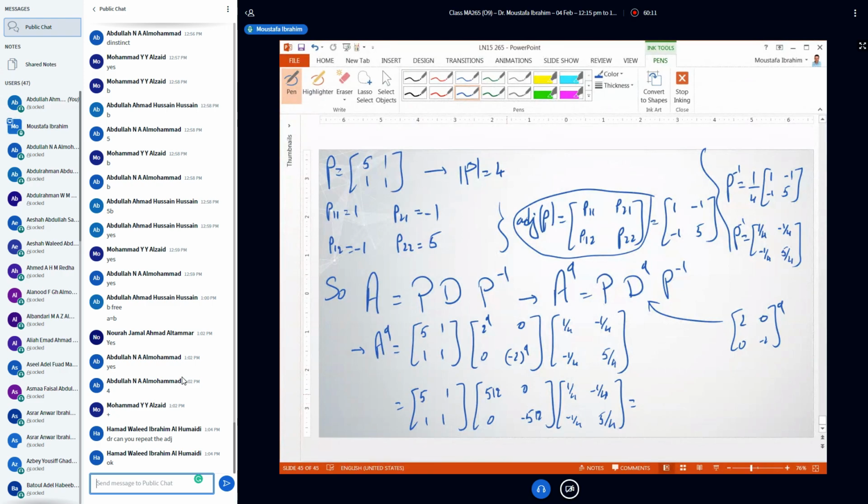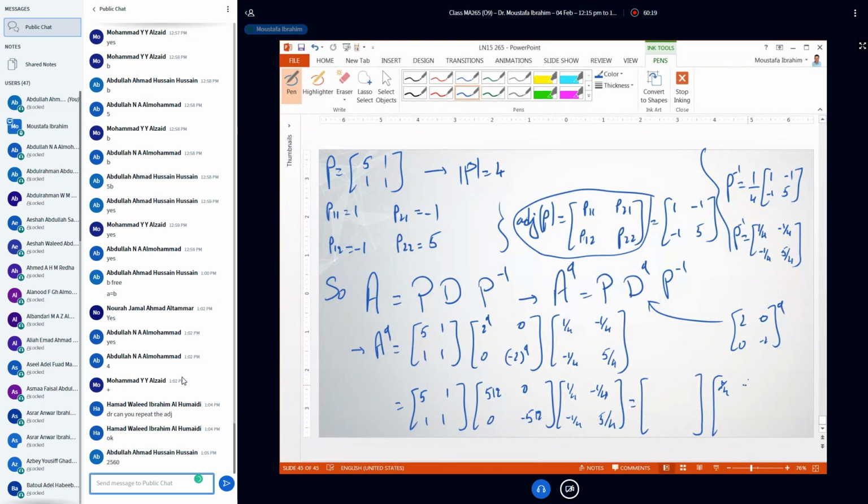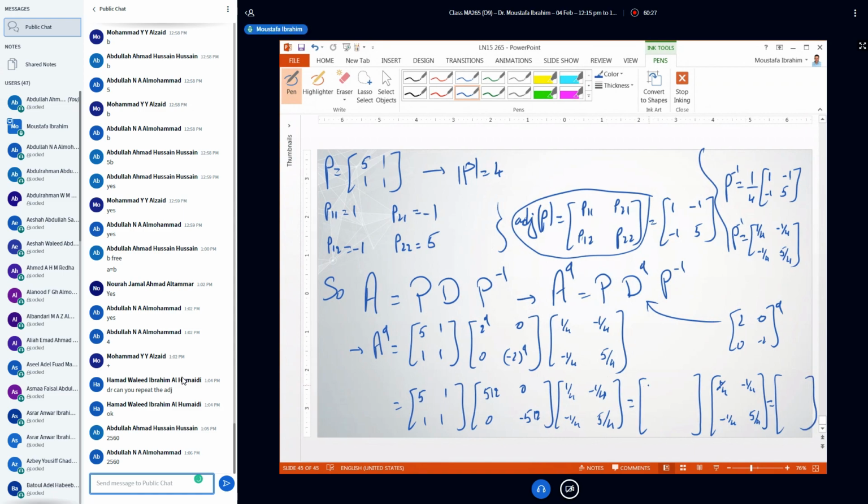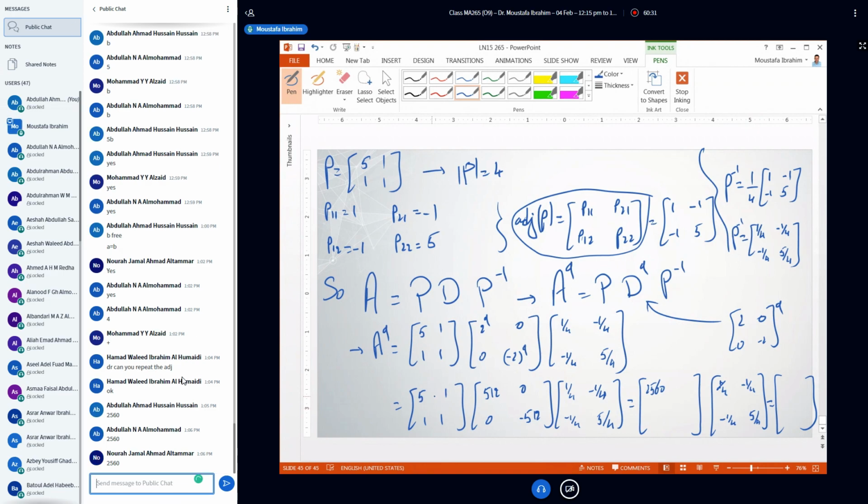Guys, can you multiply 5 times 512? What do we get? 2560. And here, row by column, minus 512. Here, 512, and minus 512.